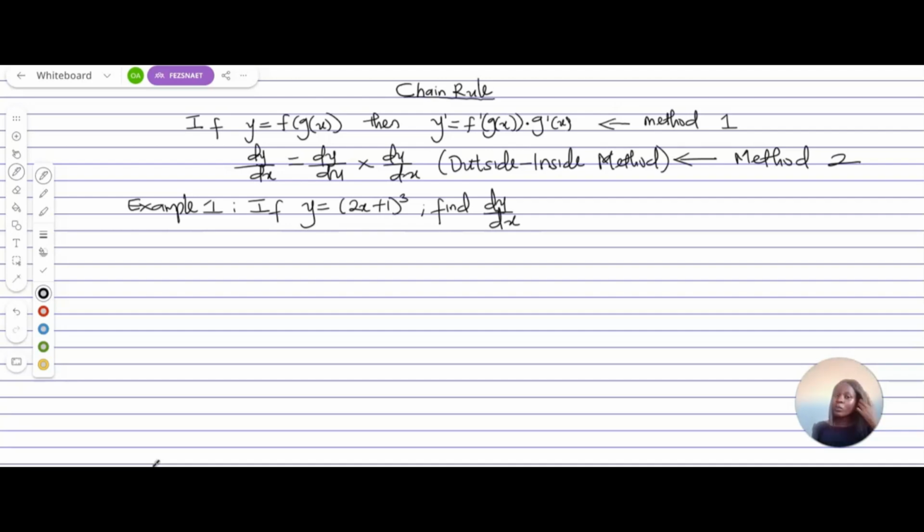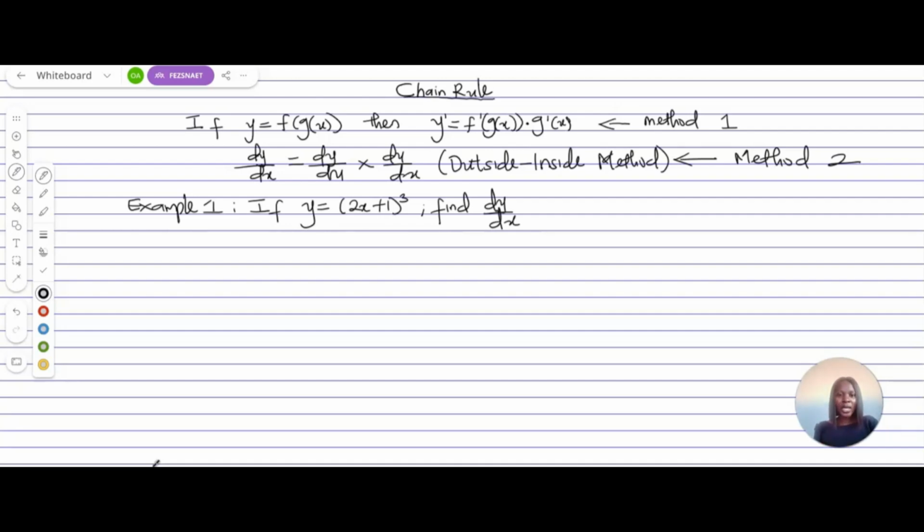That's basically it. So let's look at an example using the outside-inside method first, then we go back to the first method to make it easier. The first method is the general method that's acceptable anywhere. The second method is also accepted, but the first method is what you're going to get everywhere you go.